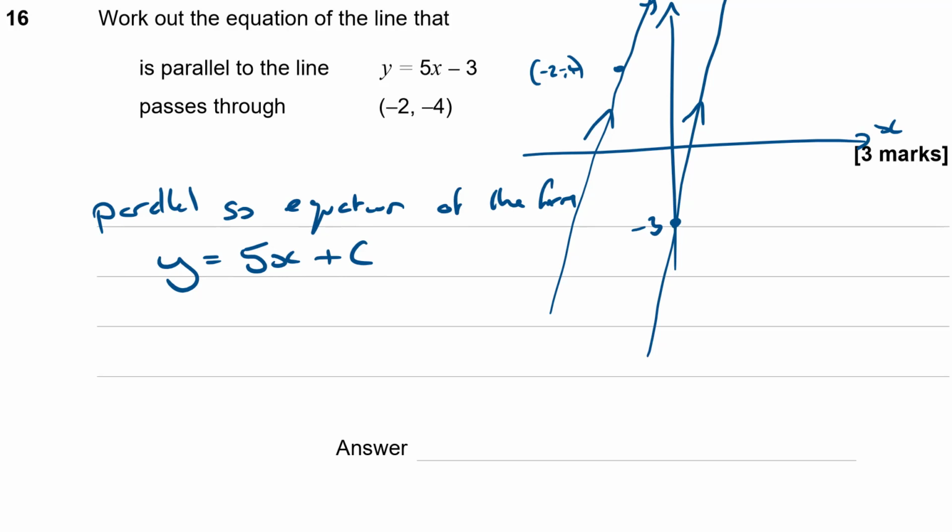What we just need to do is to find c, the point where the line crosses the y-axis, to complete the equation. We know it passes through minus 2, minus 4, so sub in those two values in for x and y. That means that y would be minus 4.